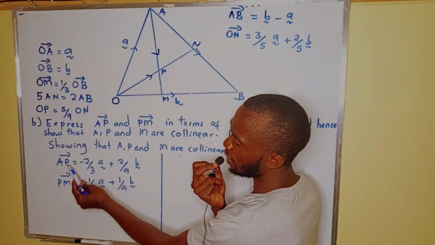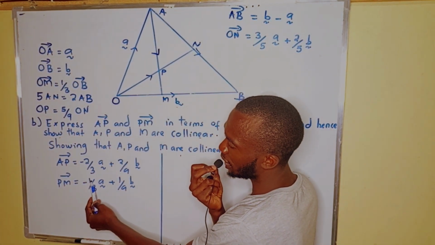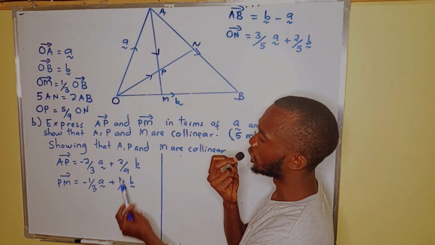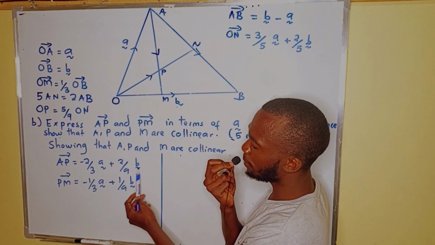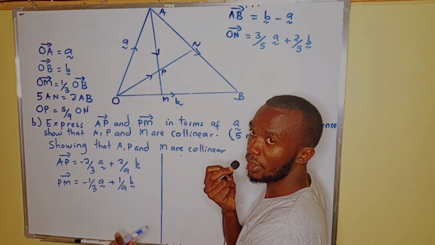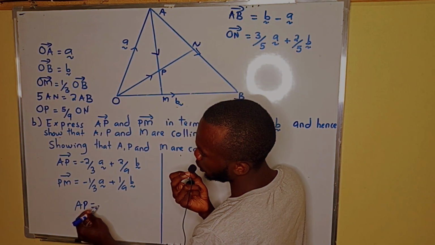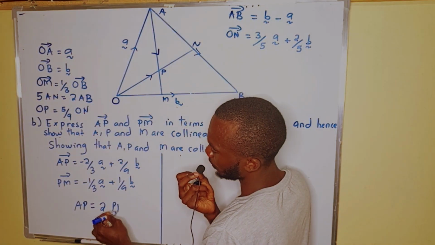Now in this case, when you have AP as negative 2 over 3, and this one is negative a third, and also 2 over 9 B and 1 over 9 B. What does it mean? This vector AP is equal to twice vector PM.